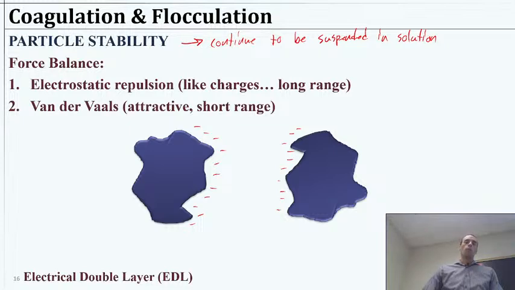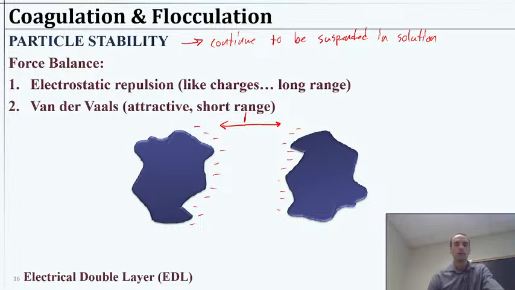So this electrostatic repulsion is a long-range repelling force for most particles, because most particles are negatively charged. So the typical interaction there would be this electrostatic repulsion.